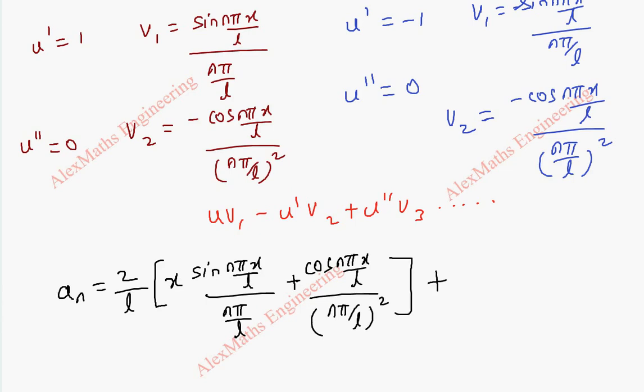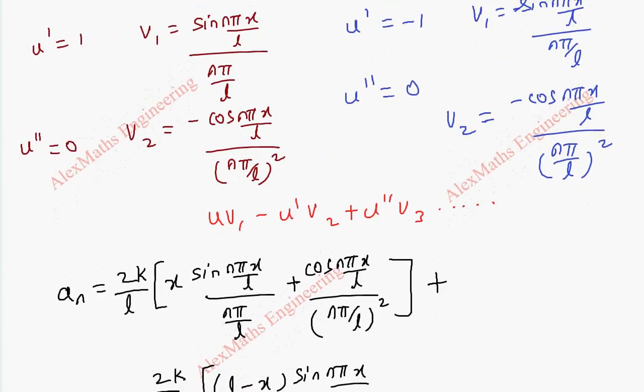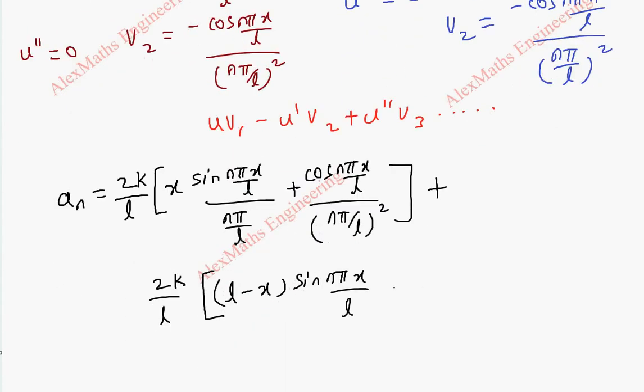Coming to the second set of terms, again we have 2 by L and there is also a constant k outside. Now this will become L minus x into sin n pi x by L, and minus u dash. U dash is minus 1, so it will become plus, but again there is a v2, there is a minus sign. So we take minus cos n pi x by L by n pi by L whole square. So this is from 0 to L by 2.